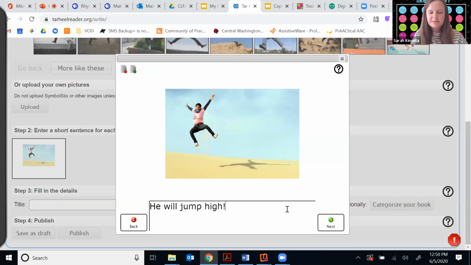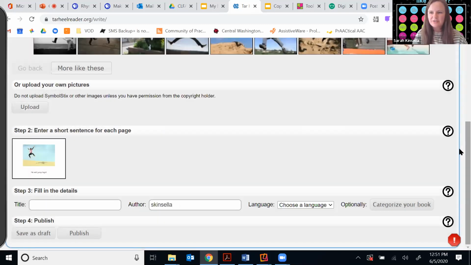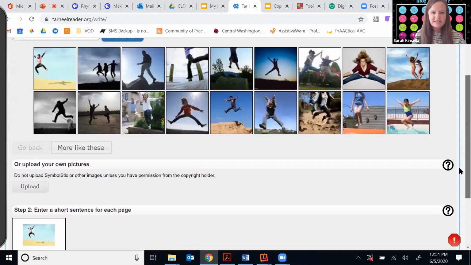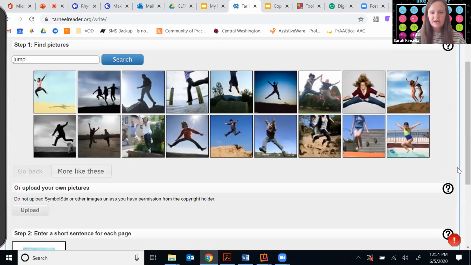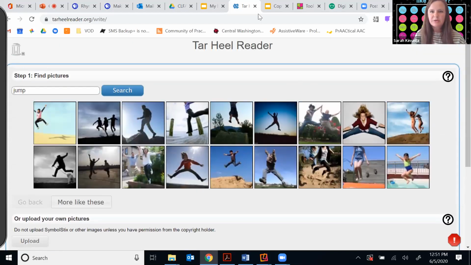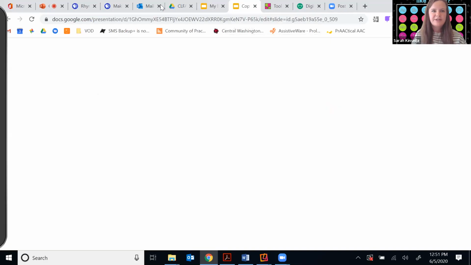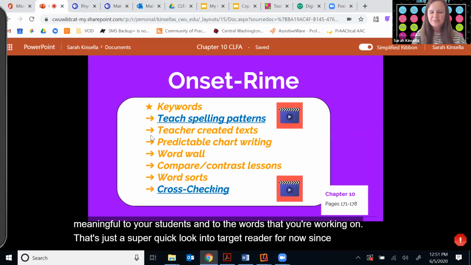Something maybe more interesting, but then you add a picture for each page, and you've got that jump word all over and over, and then you can save it as a draft if you don't want to actually publish it, but you can come back to it and then you've got your book. And then you could use things that are meaningful to your students and to the words that you're working on. That's just a super quick look into Tar Heel Reader for now, since we don't have a whole lot of time.